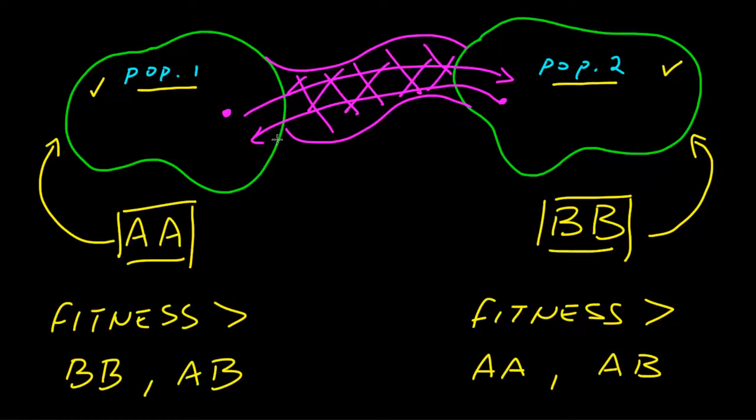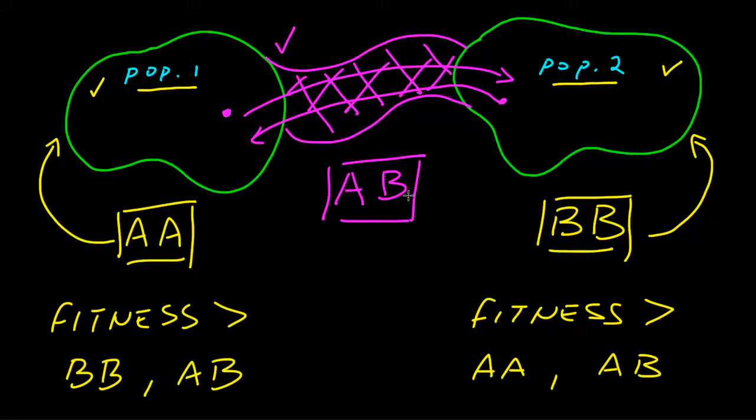So we have allowed these individuals to mix, to mingle, and to start breeding. And what happens from a genetic perspective? Well, we have offspring now that are created that have the AB form. We've created heterozygotes.